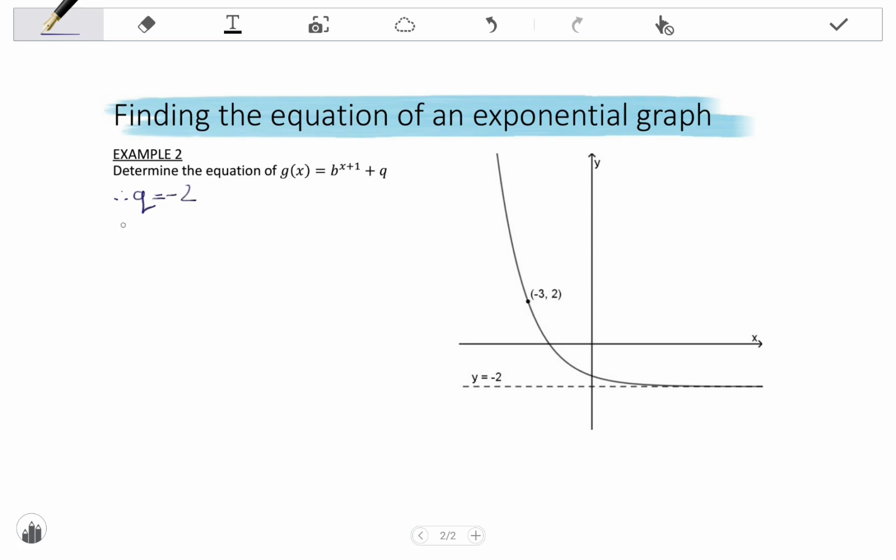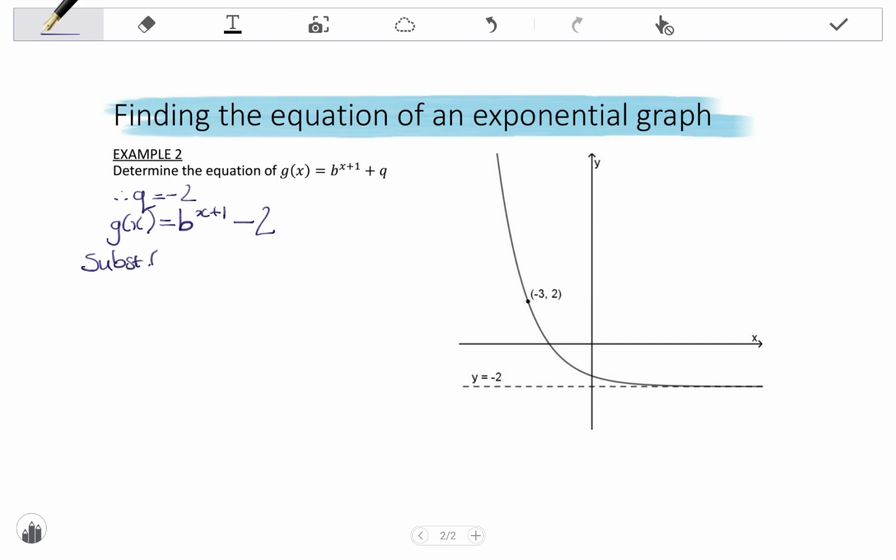And I can substitute that into the equation. So I have g of x equals b to the x plus 1, and q is now -2. Now I have one unknown, which is the b, so I substitute 1 point.